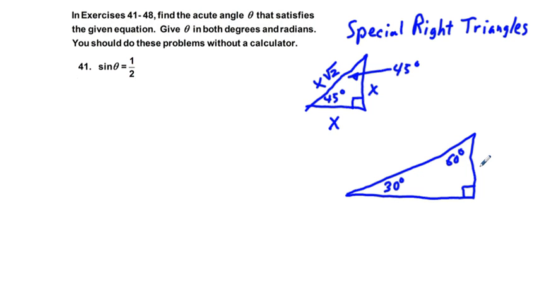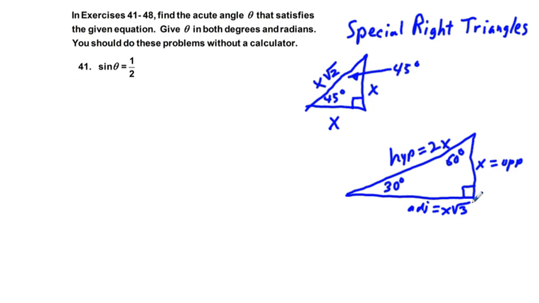And then the right side, the opposite side, is going to be x. Our hypotenuse is going to be equal to 2x, and our adjacent side is going to be equal to x square root of 3.